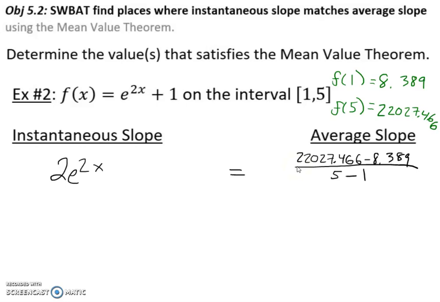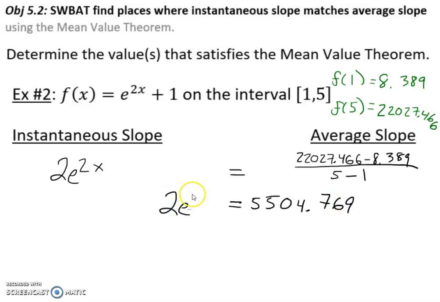Starting on the right, 22,027.466 minus 8.389 divided by 5 minus 1 comes out to 5,504.769.